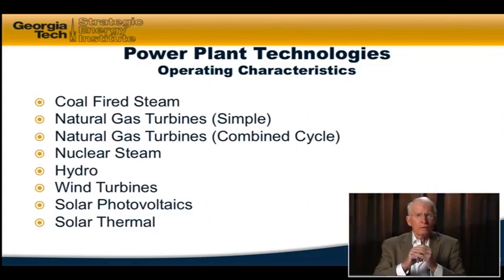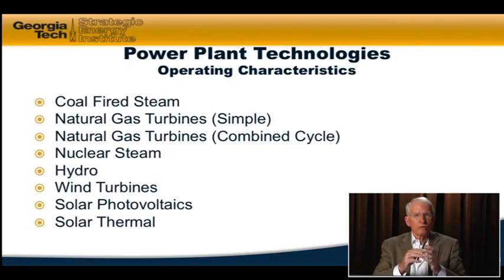So the technologies that we mentioned already, we'll look at quickly today to look at the appropriate efficiencies and the carbon emissions that are associated with the fossil fuel plants. Coal-fired steam, Rankine cycles, we call that. Natural gas turbines are simple cycles where it's a simple gas turbine and the exhaust heat is exhausted to the atmosphere and is lost.